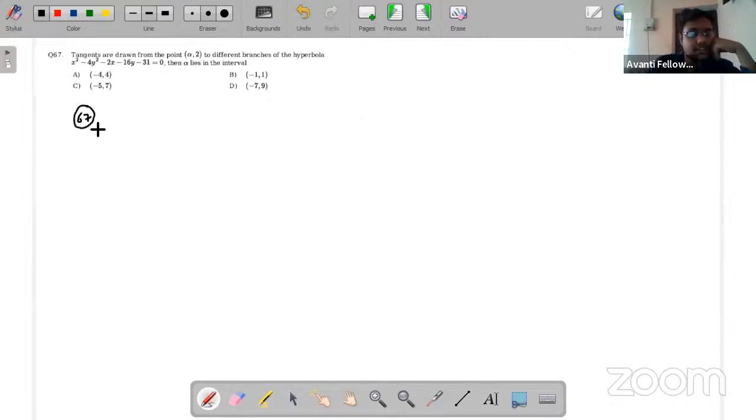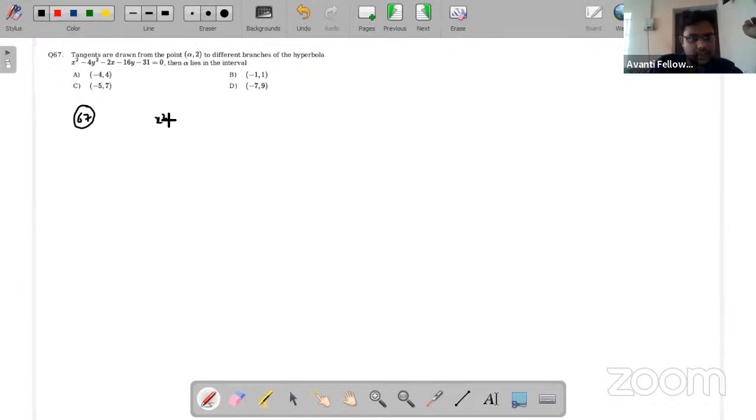So now we'll be solving the next question. Tangents are drawn from point alpha comma 2 to different branches of a hyperbola. First of all, we need to simplify this hyperbola and write it in the standard form. So here I'll write down x square terms, club them, x terms and y terms.